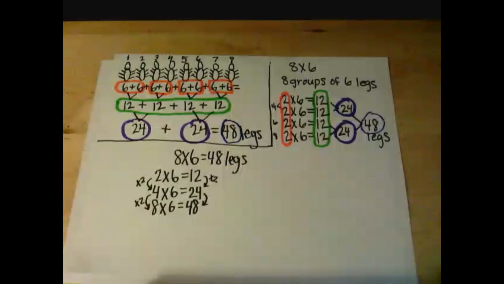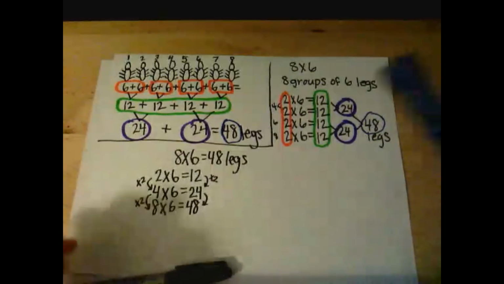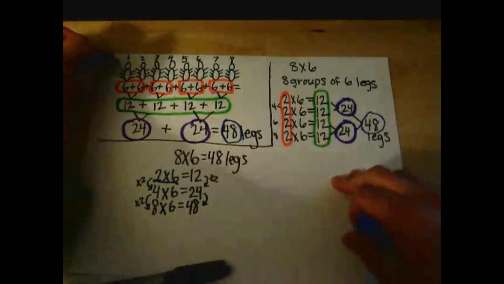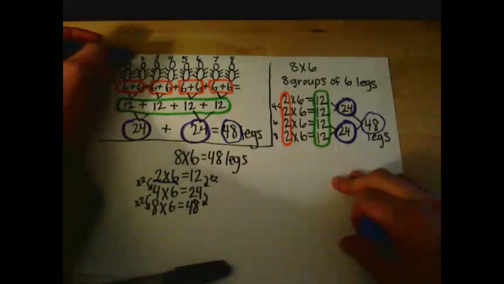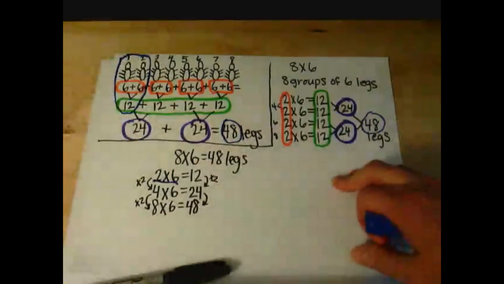So that's one place where we can see it. Do you see it in our first strategy? Where do we see 2 groups of 6? So we can find that. Here's 2 groups of 6. 2 groups of 6 is 12.